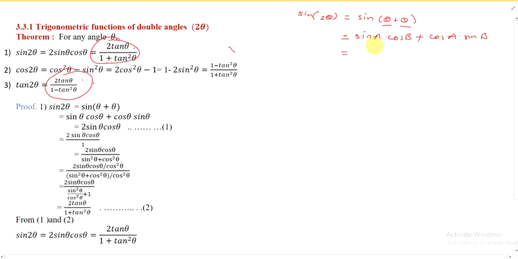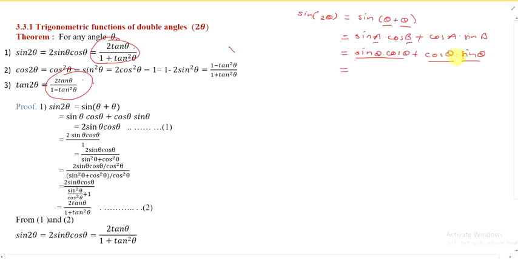So our A and B are the same, that is theta. Substitute the values of A and B: sine theta cos theta plus cos theta sine theta. Since there is multiplication between these two terms, the order is immaterial.